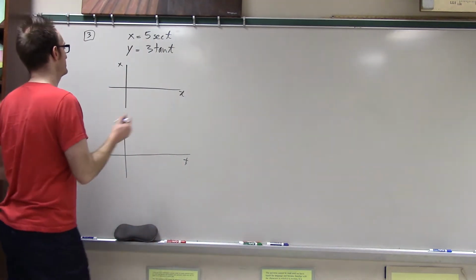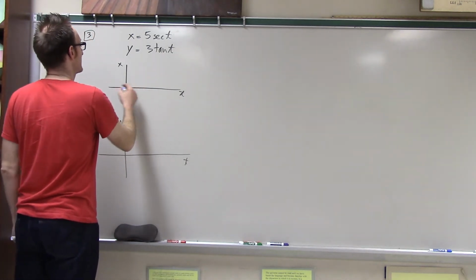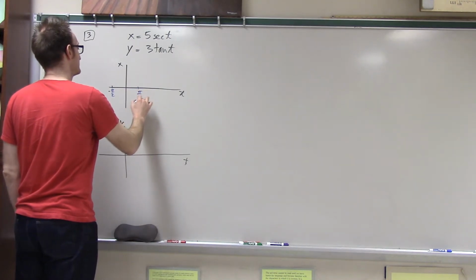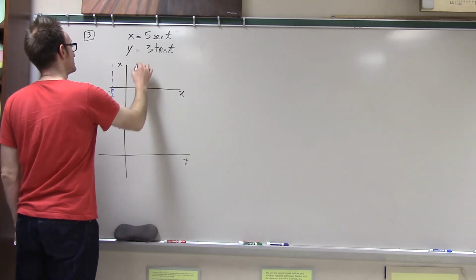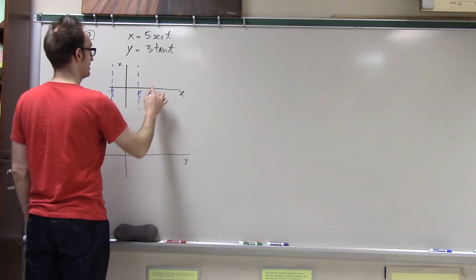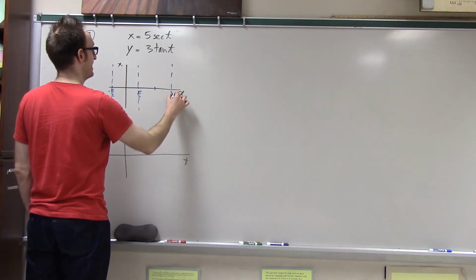I don't know how well you guys know this. I know it pretty well, so I will just graph 5 secant. I know pretty much by heart that secant has vertical asymptotes at negative pi over 2 and pi over 2, and also at 3 pi over 2. So that's that.